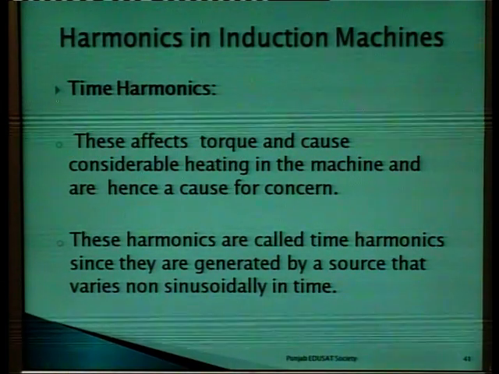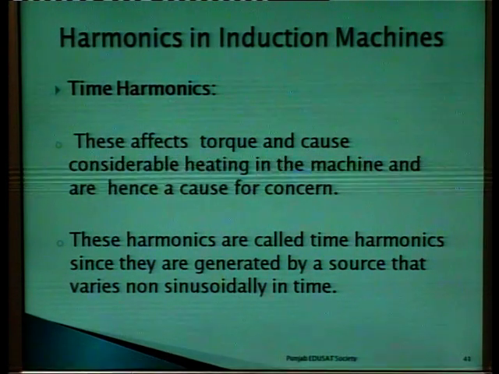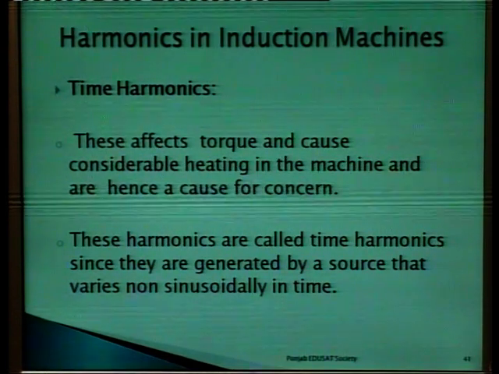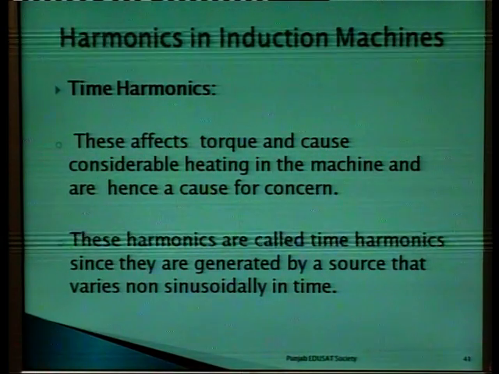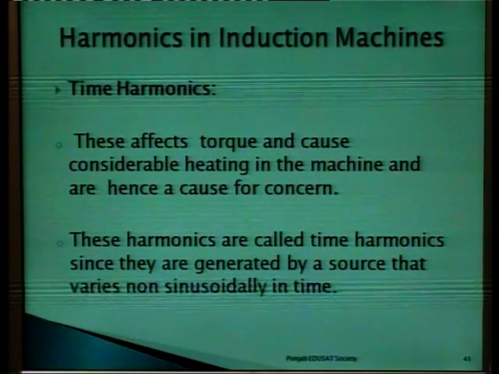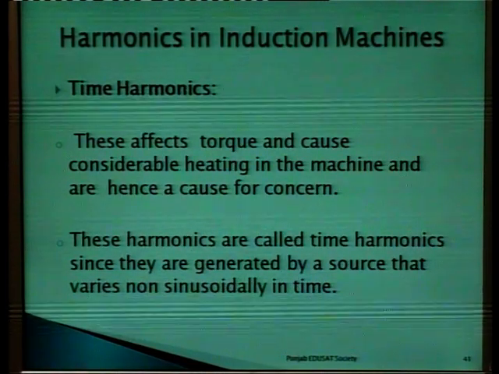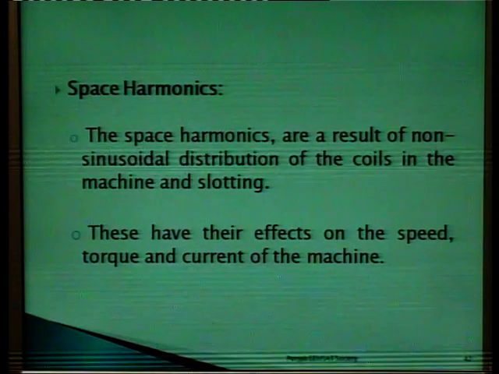Harmonics in induction machines: time harmonics are there. These affect torque and cause considerable heating in the machine and are hence a cause for concern. These harmonics are called time harmonics since they are generated by a source that varies non-sinusoidally in time. The second harmonic type in the induction motor is space harmonics.